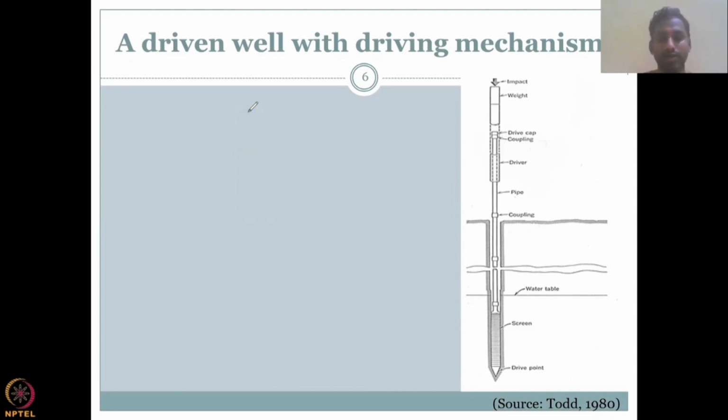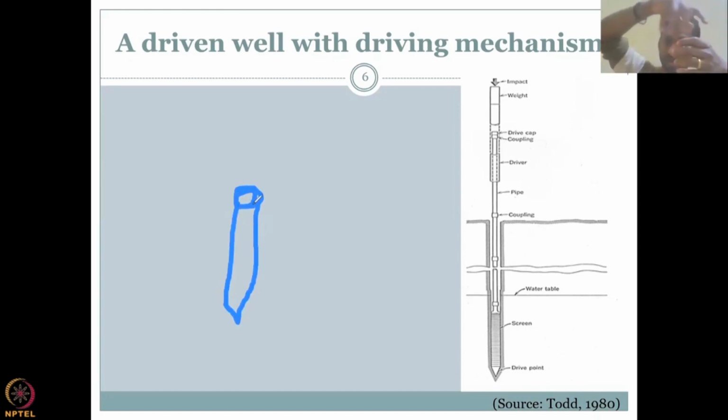Here you don't have the head because it is a coupling kind of arrangement, a circle screw type. On top of the screw you can put a head, and then you hit until this drive point goes in. Initially you put the drive point and started to hit.